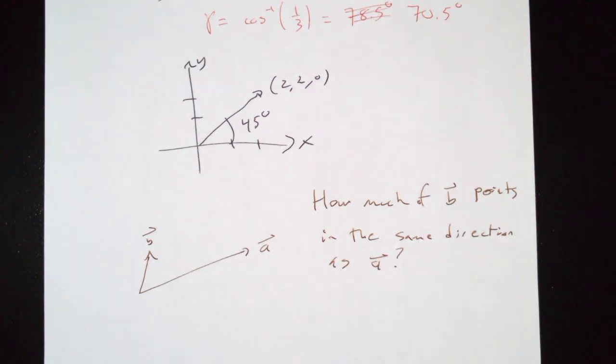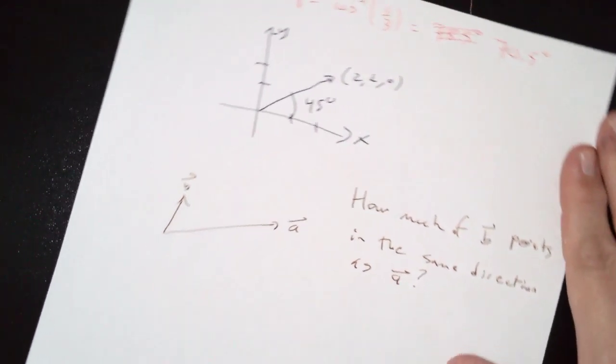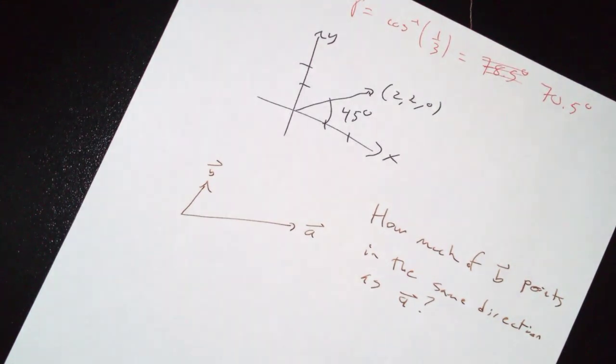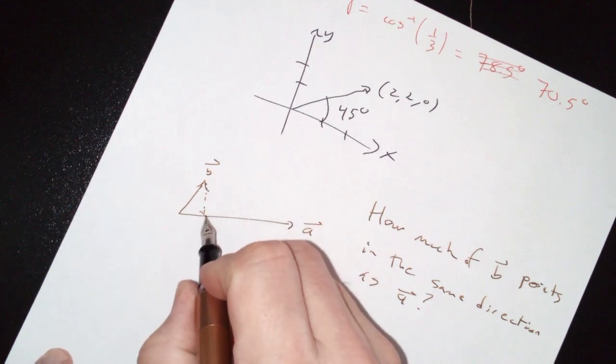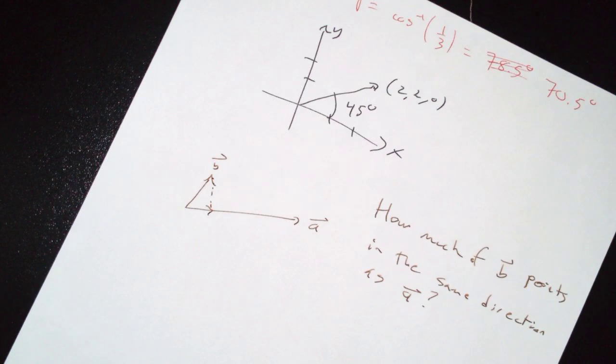So if I take this picture and I turn it so that A kind of looks like the X axis, I could be asking you how much of B goes along the A direction.